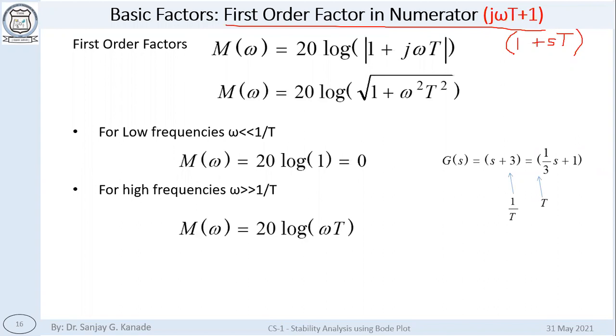Now remember, we are plotting asymptotic Bode plots, so we are going to make certain approximations. We cannot plot the exact Bode plot. By exact Bode plot I mean, if you take a lot of values of omega, calculate magnitude, calculate phase, and plot those, you get the exact Bode plot.